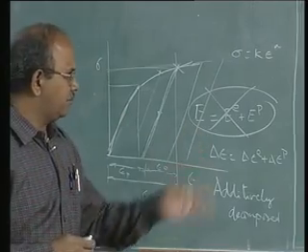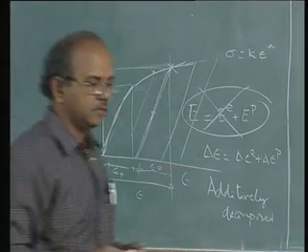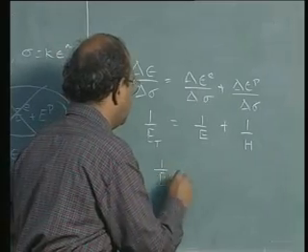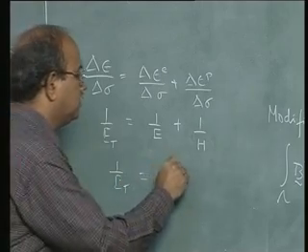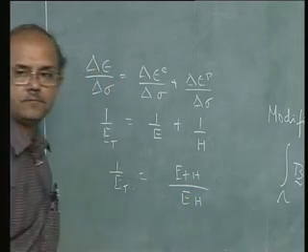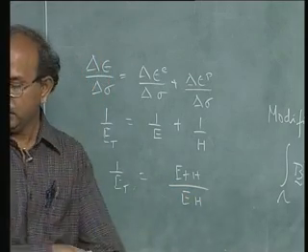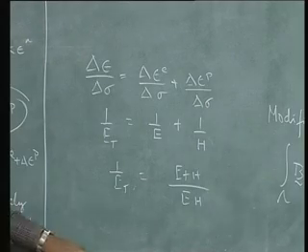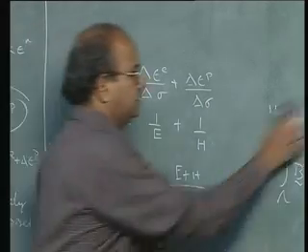Now let us remove these reciprocal things, so that I can write this as 1 by Et is equal to E plus H divided by EH. Then let me add E squared and subtract E squared, you'll understand why I'm doing that in a minute.